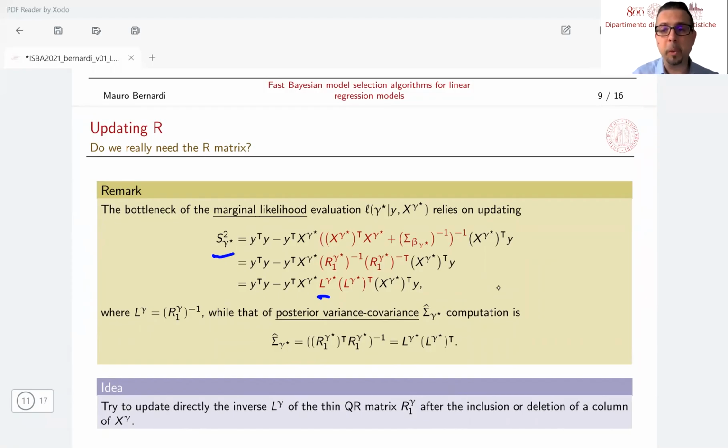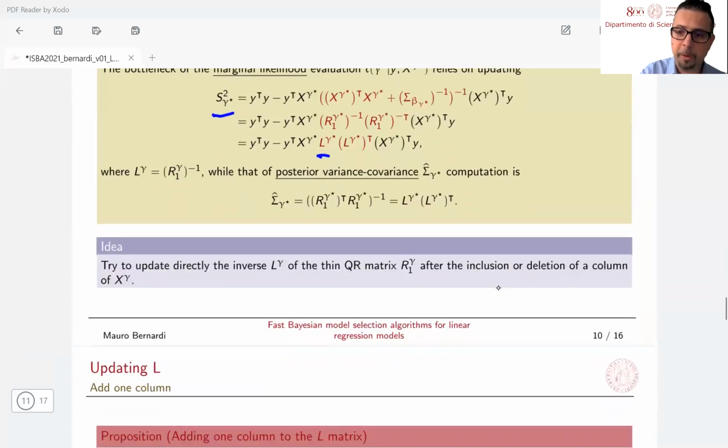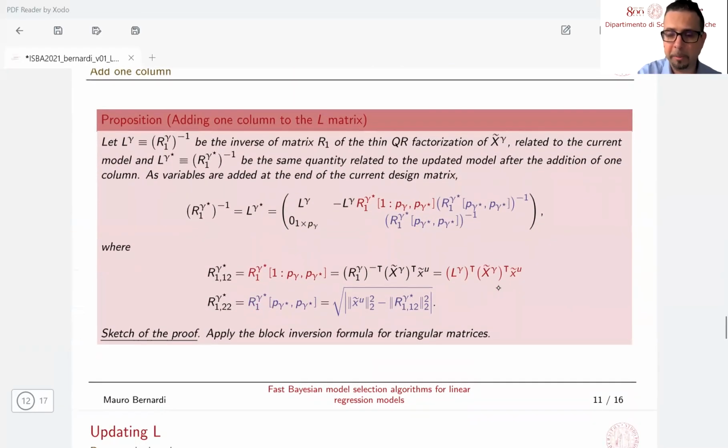And if we look at the posterior variance covariance, we see that it also depends on the inverse of R1. So both the likelihood and the posterior variance covariance matrix depend on L. So if we had some algorithms that allow us to directly update the L matrix, we would save all the computation that is required to compute the inverse of R. Indeed, we have found those algorithms.